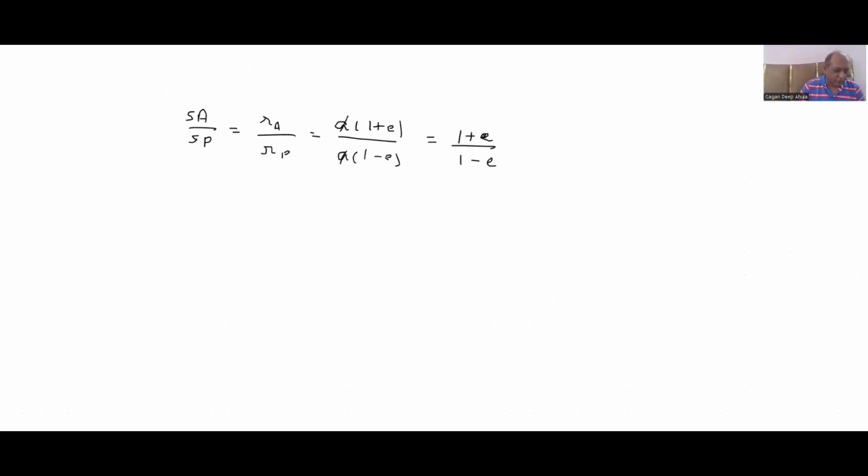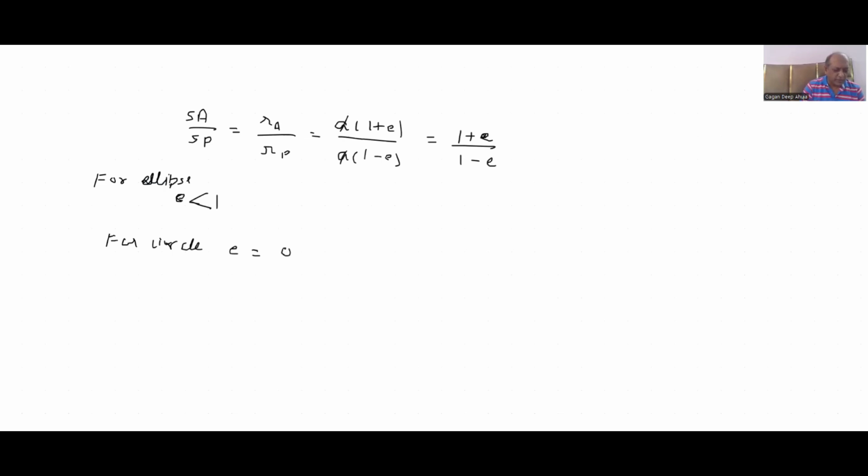Now for an ellipse, the value of eccentricity is always less than 1. And for a circle, the value of E is equal to 0.